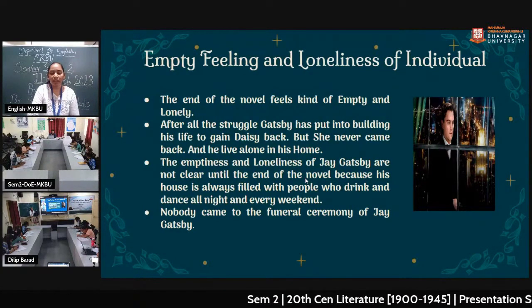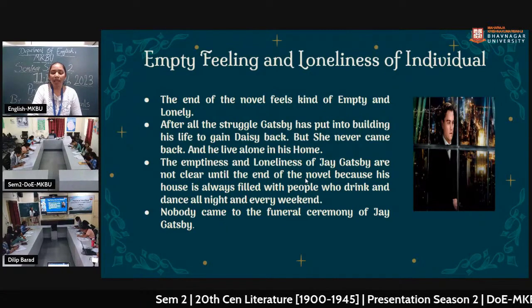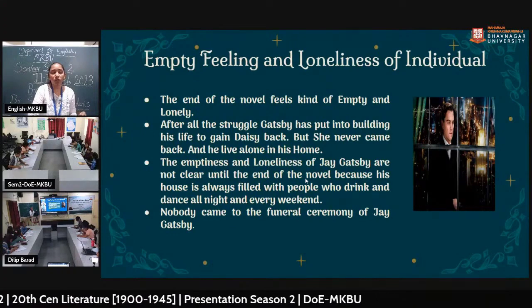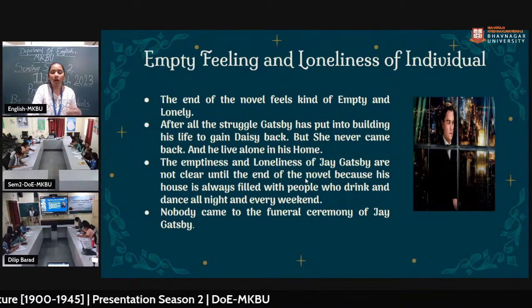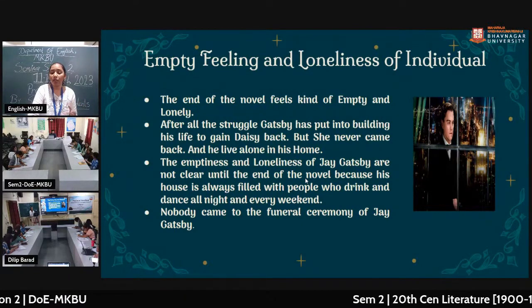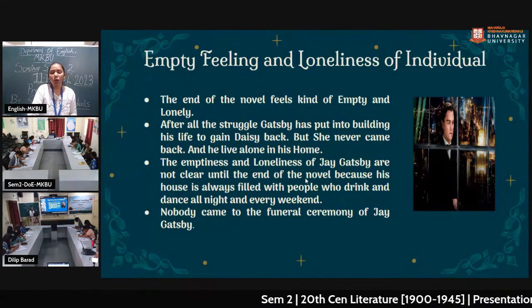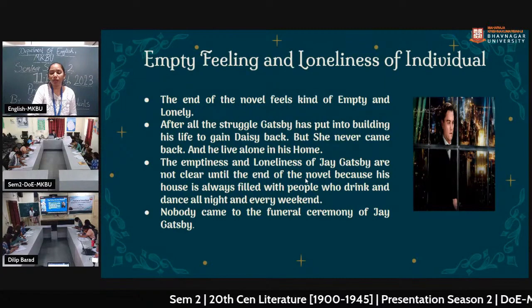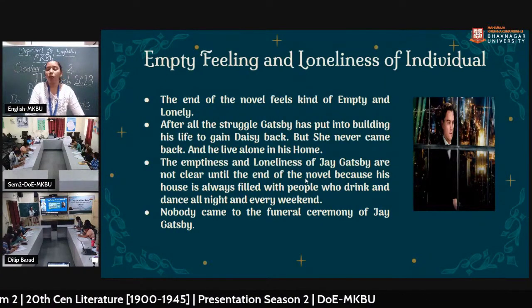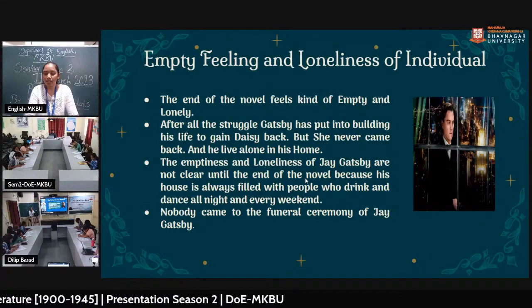The emptiness and loneliness of Jay Gatsby are not clear until the end of the novel, because his house is always filled with people who drink and dance all night and every weekend. Nobody came to the funeral ceremony of Jay Gatsby. It also symbolized the feeling of loneliness of individuals.